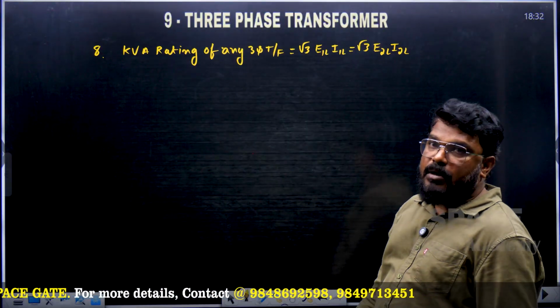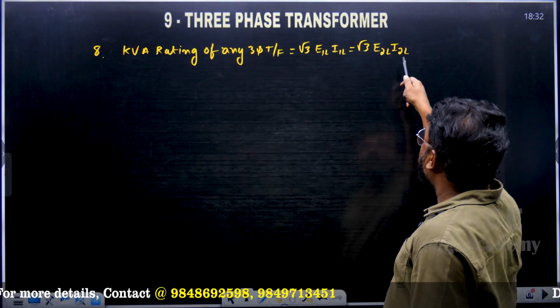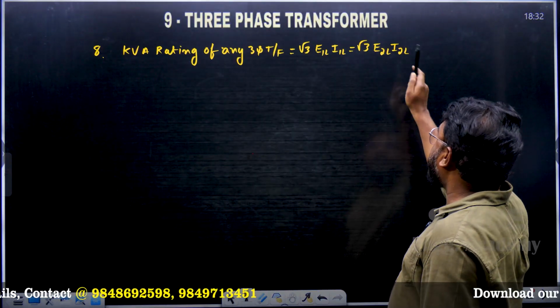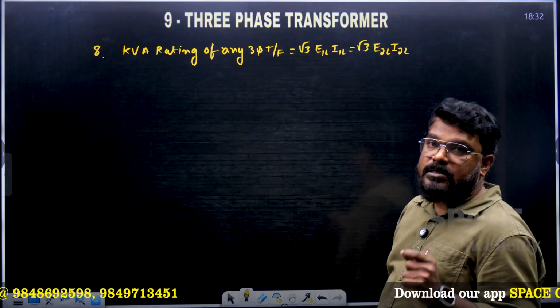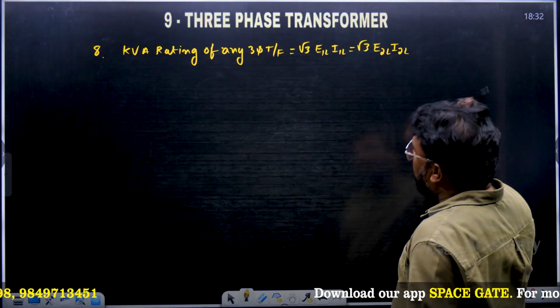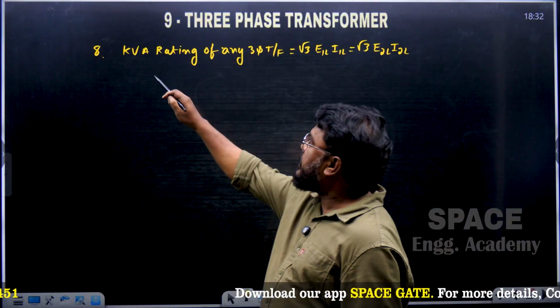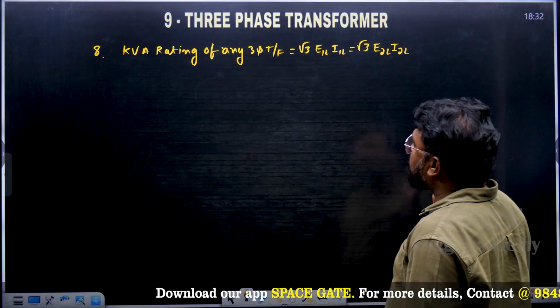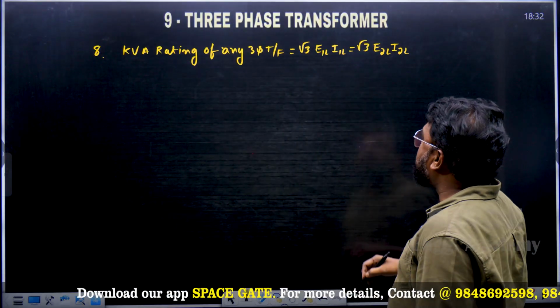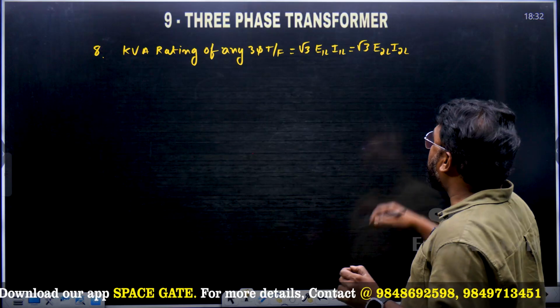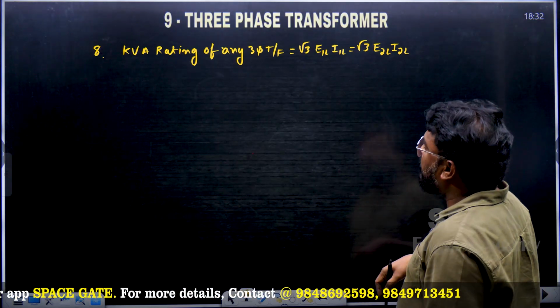E2L is the EMF induced in the secondary winding in terms of the line. I2L is the current passing through the secondary winding in a line.